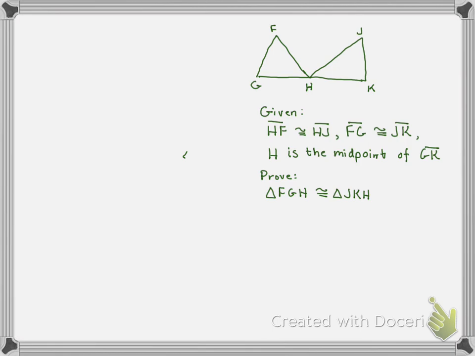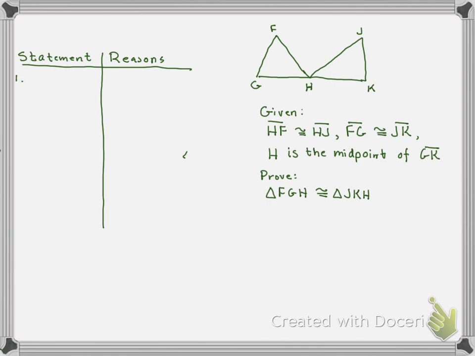Then we're going to write statements, and as we go through writing the given, that's when we're going to go back and mark our illustration with the information, so we can follow exactly what that given is and put it onto the figure.